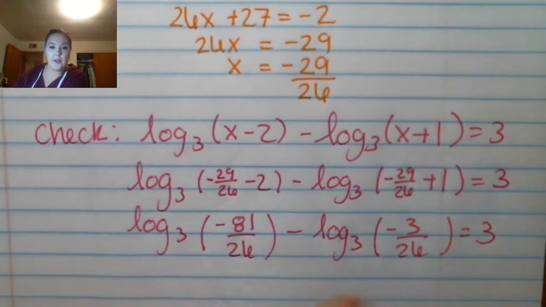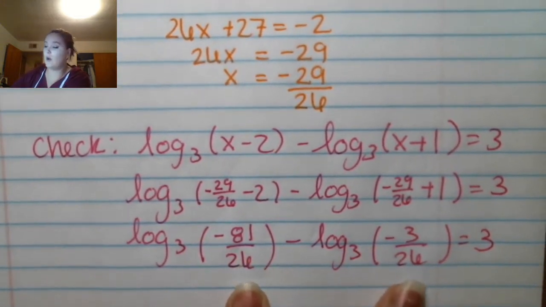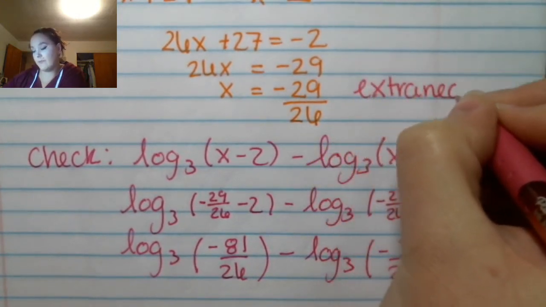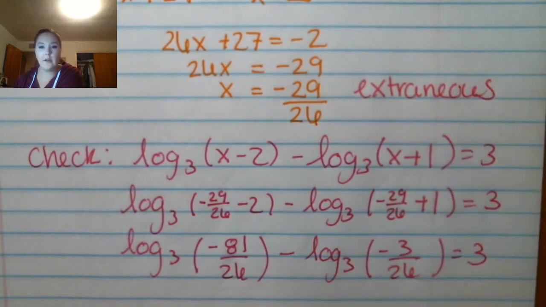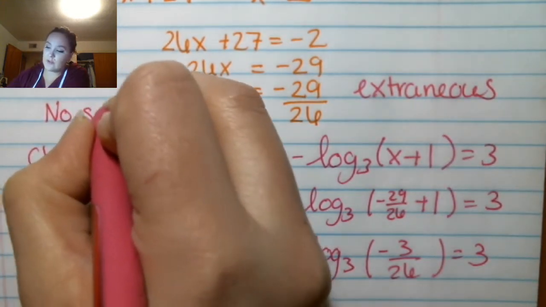Now, neither of these is good because we have a negative number inside the log. So this tells us that this is an extraneous solution, and that our equation actually has no solutions.